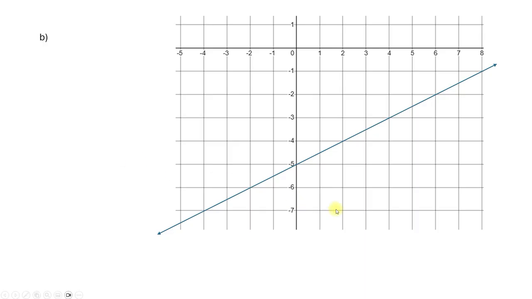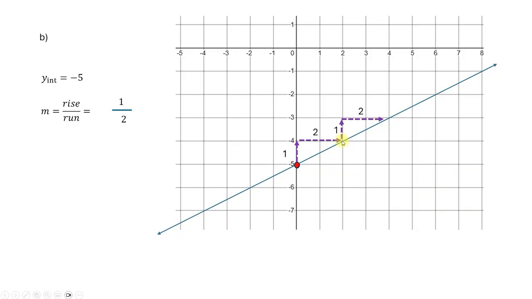In this graph, we can see that our y-intercept is negative 5. Now we want to figure out what our slope is. If we go up 1 and then across 2, we come to another easy to recognize point.